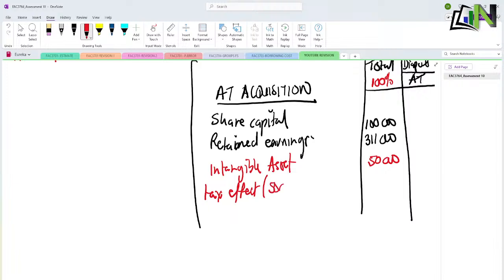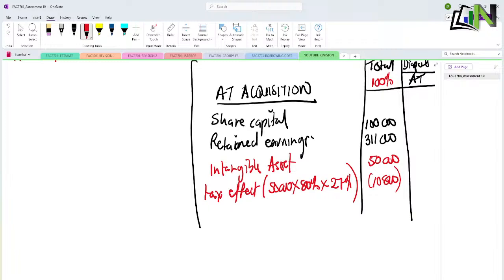So it's going to be 50,000 multiplied by 80% multiplied by 27%. 80% is the capital gain inclusion rate, 27% is the tax rate. So 50,000 times 80% times 27%, I'm getting 10,800. Tax will have an opposite effect all the time. Because the adjustment was positive, tax will be negative.